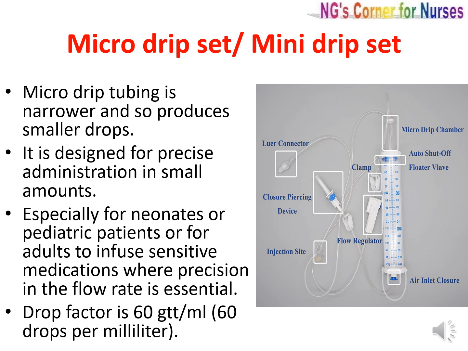That's why this drip set is also known as pediatric drip set. Or it can be used for adults to infuse sensitive medications where precision in the flow rate is essential. Here the drop factor is 60 drops per ml. And in this picture we can see the parts of micro drip set.